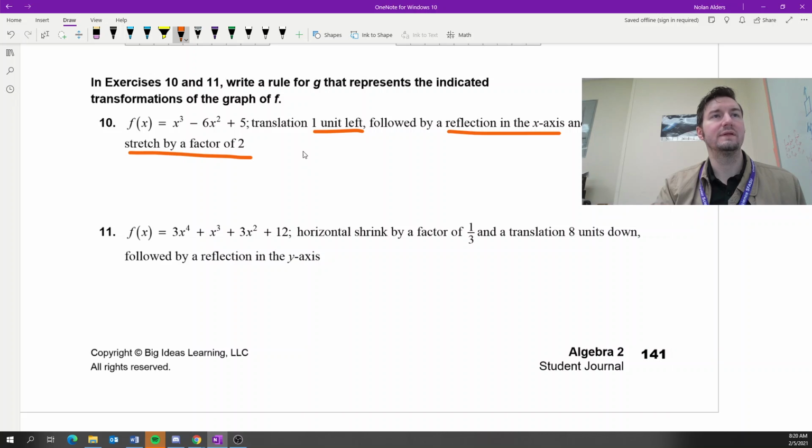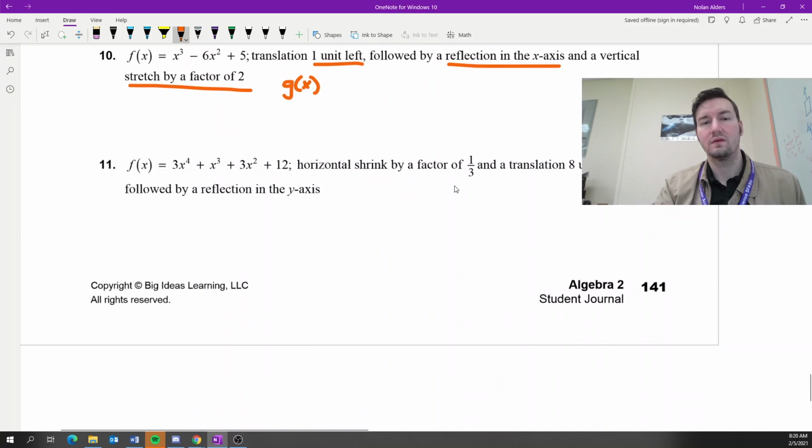So this is going to get a little bit interesting because we have 2 x's, but that's okay. So it'll look something like this. If we were to do g of x, g of x equals 1 unit left is going to look something like this.